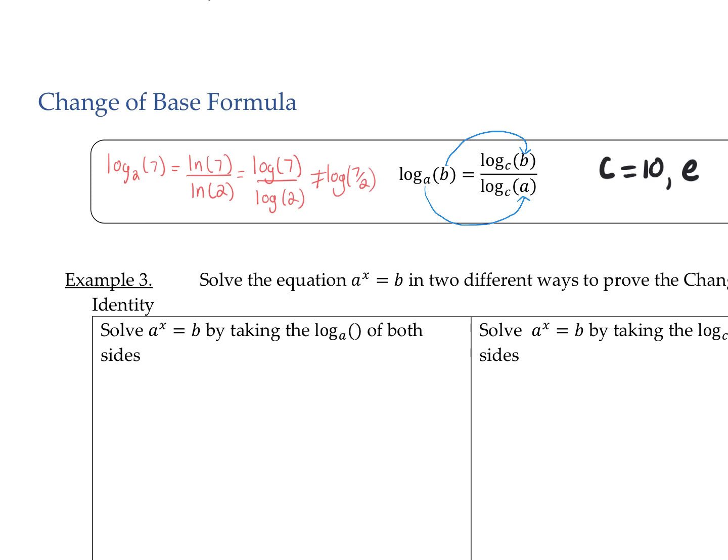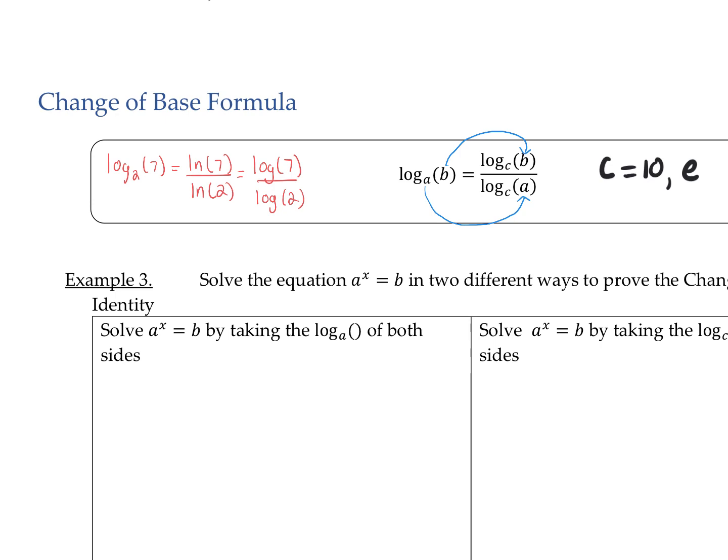What we were doing in our previous work was when we had a log of a quotient, we would split it apart. But this is not the same thing. What this is doing is saying evaluate the individual logarithms and then divide them. Whereas in our logarithm properties, we were dividing first and then taking the log. And those are different things.